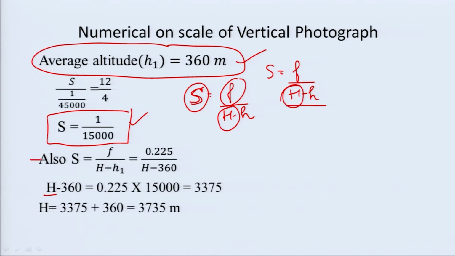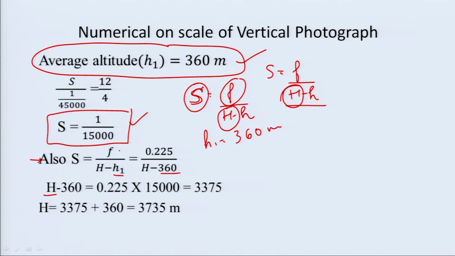Now, as we are seeing in this numerical, s is equal to f upon (H minus h1). Here h1 is basically the average height, that is equal to 360 meter. F converting into meter, we obtained 0.225. h1 is 360.